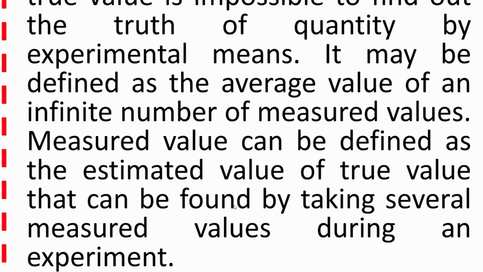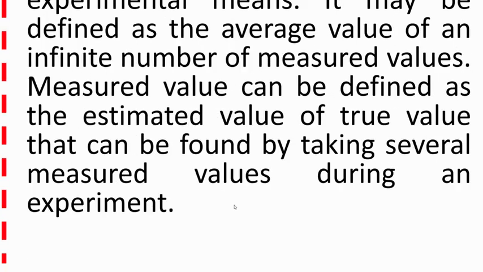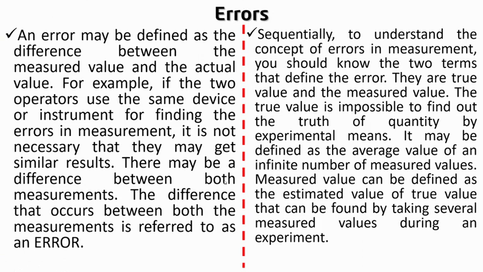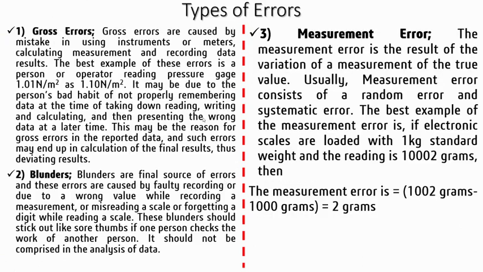When you measure, you are trying to represent the true value. So the measured value is what you normally get in an experiment. It might not necessarily be the actual or the true value because of the presence of error.